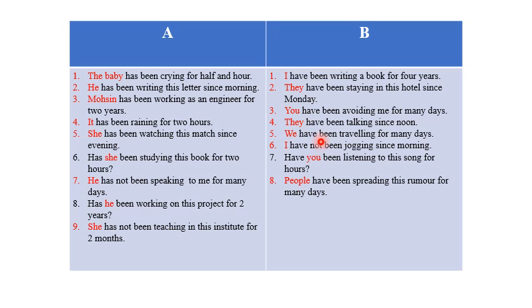In case there is a question, then we have taken have at the beginning of the sentence, and then after it the subject, and then been listening, or been plus first form and ing. And if there is a negative sentence, we have put not after have.